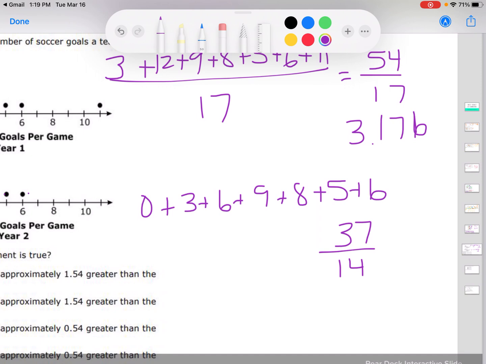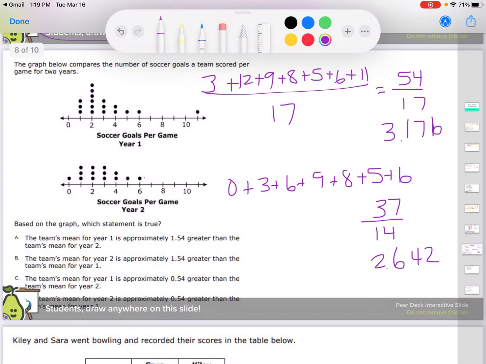And I get 2.642. So then I have to figure out the team's mean. So team 1's mean is greater. I know it can't be B because that says year 2 is greater. That one also says year 2 is greater.